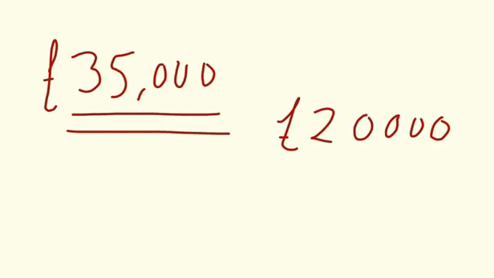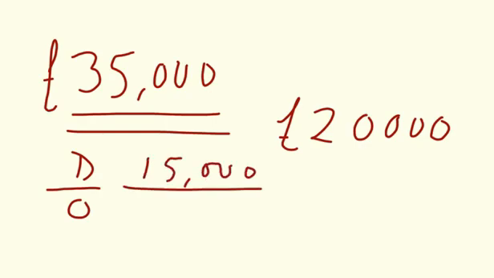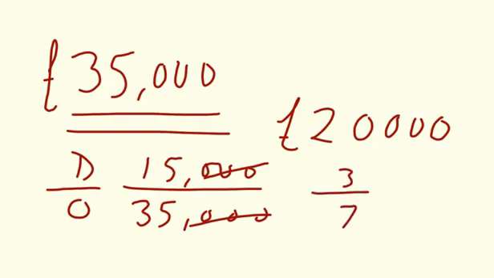Work out the difference. Remember the DO method. The difference between the two is 15,000. Original is 35,000. Cancel the zeros. How many 5s go into each? 3/7ths. So 3/7ths. You work out 1/7, which is roughly 0.14, and then you times that by 3. And that's your percentage decrease, percentage loss.